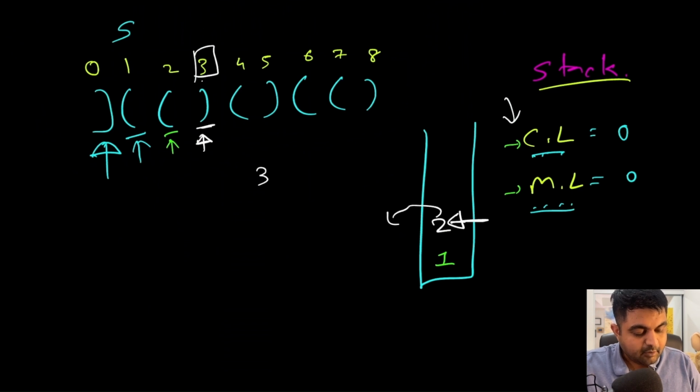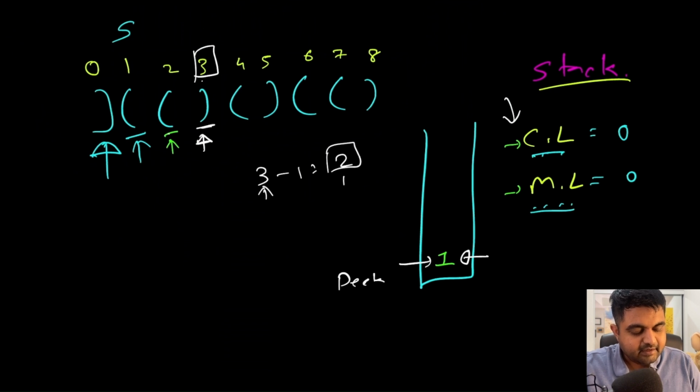The element we popped out is located at element number 2, which means this is no longer present here, so currently we still have one element left inside the stack. So we can take the difference between this current element and the element that is already present inside the stack using the peek function. So the difference is 3 minus 1. So far we have been able to identify a valid string of size 2.